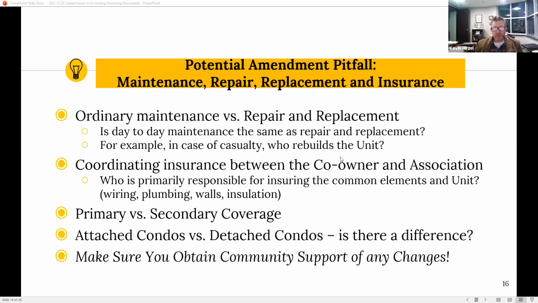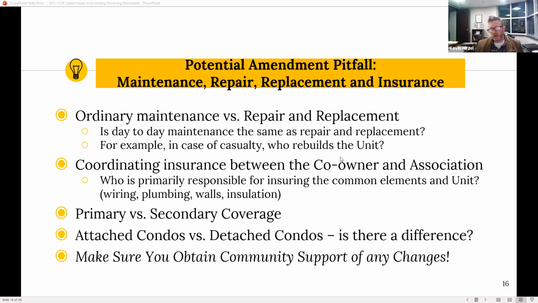As you're coordinating insurance between the co-owner and the association, are you pushing too much to the co-owner, or is it better for the co-owner to insure elements that the co-owner is in the best position to maintain? These are tough questions, and one of the factors will be attached condos versus detached condos.